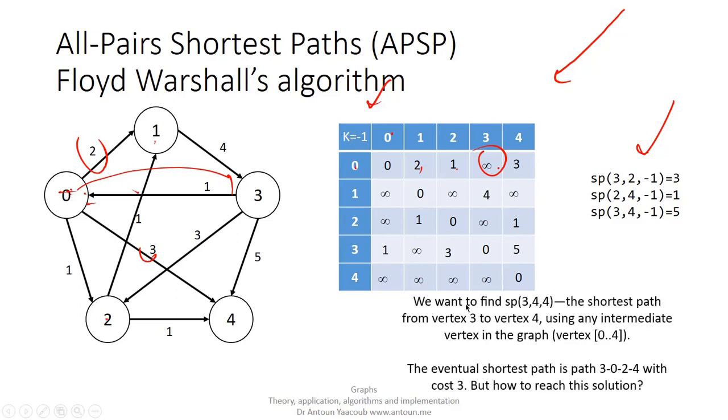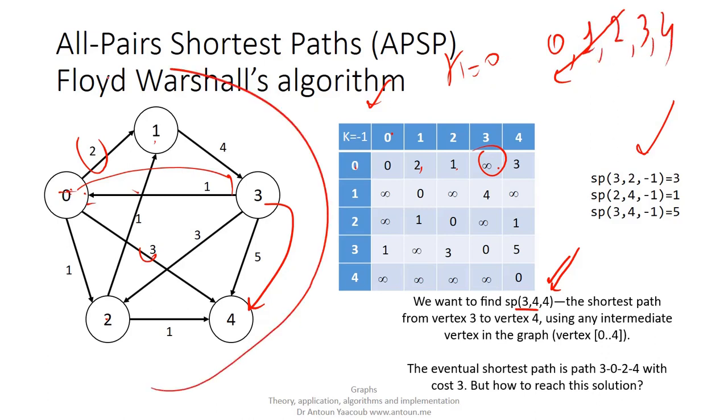Now, we want to find, in our case, SP344. It means I want to find the shortest distance between 3 and 4 by k equal to 4. What does it mean, k equal to 4? It means I will consider the vertices 0, 1, 2, 3, 4. It means I'm considering all the graph.